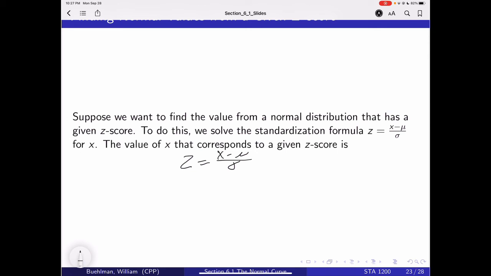We multiply both sides by sigma, and we get z times sigma is equal to x minus mu. Now we add mu to both sides, and that gives us that x is equal to mu plus z times sigma. So that's our equation right there for x.